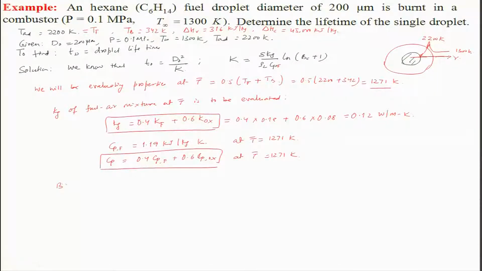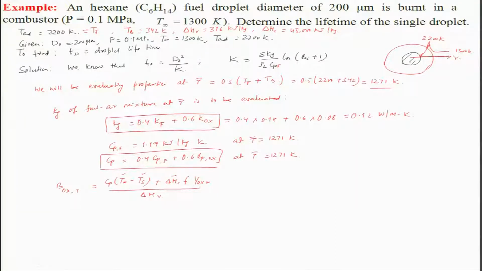We are using B_OXT equal to Cp(T infinity minus Ts) plus delta Hc times F times Y oxygen infinity, divided by delta HV. T infinity is given, you have already evaluated Cp, delta Hc is given, Y oxygen infinity is known to you, and delta HV you can find.